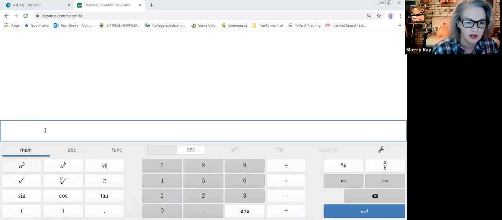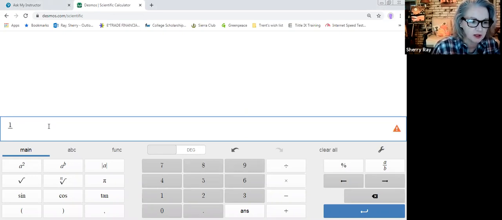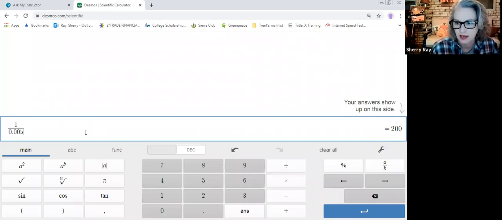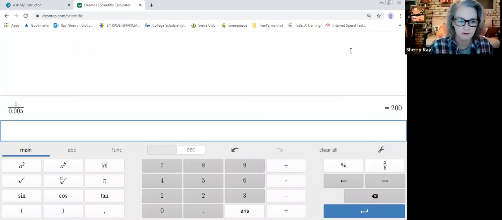So if I divide by 0.005, it's the same as 1 divided by, or the reciprocal of 0.005 is 1 divided by 0.005, and that's 200. So if you're thinking, when you look at the example, it's not real clear what they did to get that.